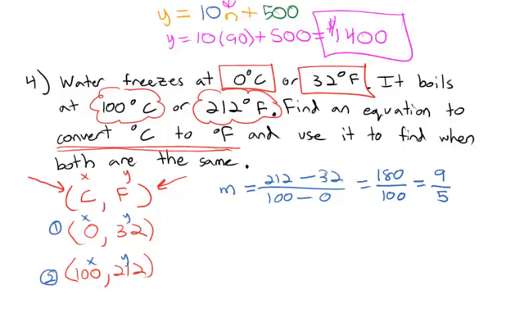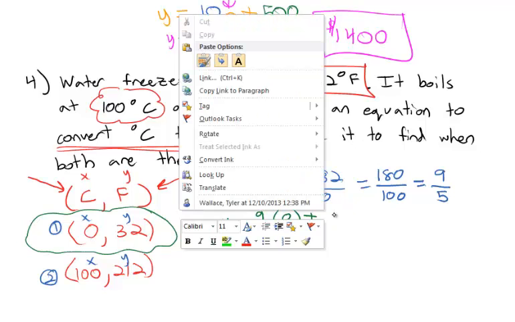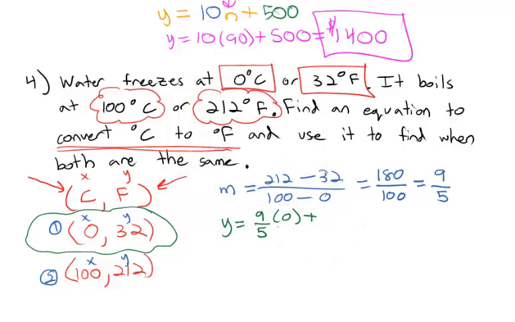Now we can find the y-intercept. We can pick either point to find the y-intercept. This process we should be really good at by now. I really like using the first point because it's got the number 0 in it. So to find our y-intercept, y equals the slope 9/5 times x, which is 0, plus, whoops, let me back up actually.